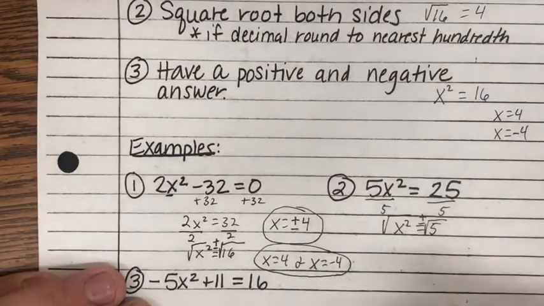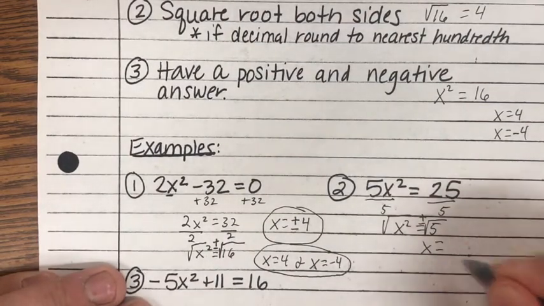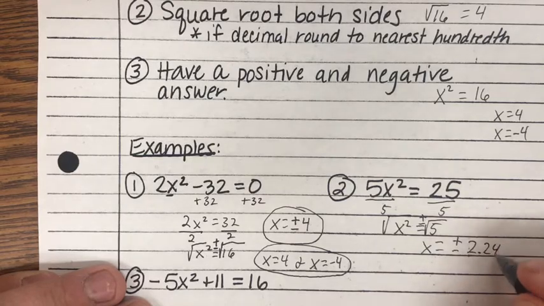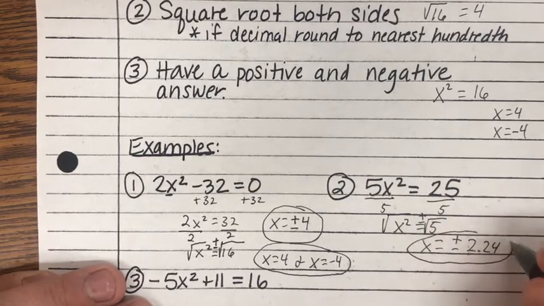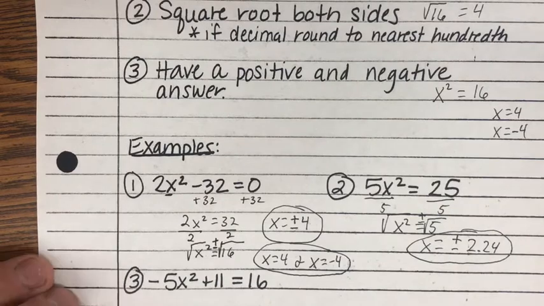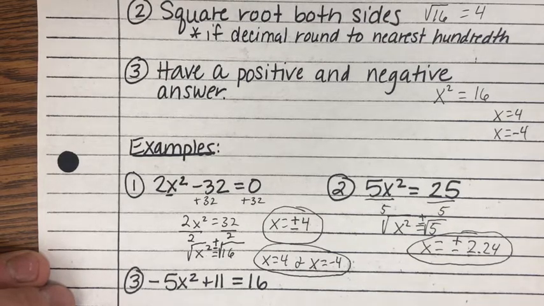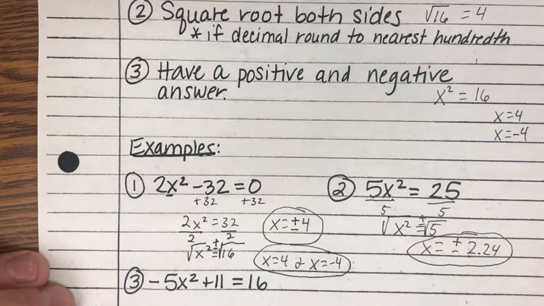Now keep in mind, x was equal to both positive and negative 2.24. And those are our two solutions, okay? Now, when you use your calculator on the computer, just be careful to give it a couple shots. Maybe take the square root of 16 or square root of 25 first so you can make sure that you're typing it in correctly.